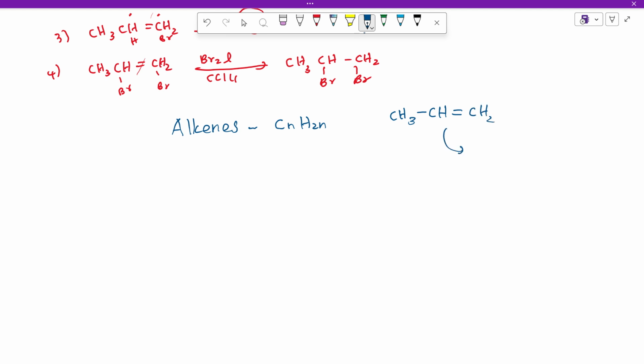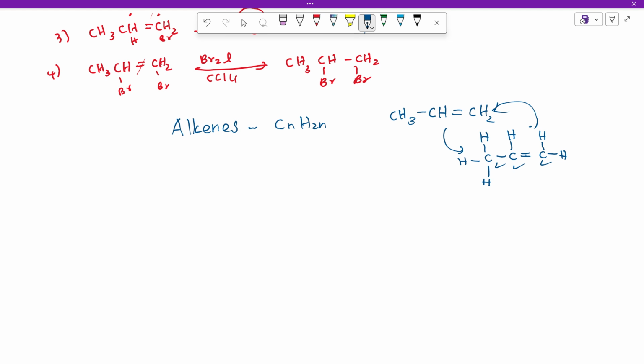If you are unable to write this, at least just draw the structure like this in a simple manner, and see that only 4 bonds are surrounding the carbon. So 4 bonds here, 1 2 3 4, here also 4 bonds. So this is the alkene structure. We can simplify and write it like this. As time passes, you'll get adjusted to writing it like this. If you are new to organic, if you are a theory student, then better to draw the structures initially in this manner.